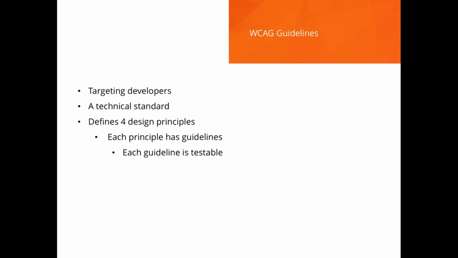So the standards have 4 general principles, and each principle is broken down to a set of guidelines, each guideline having a set of testable activities that you can do to test to see if you're in conformance.